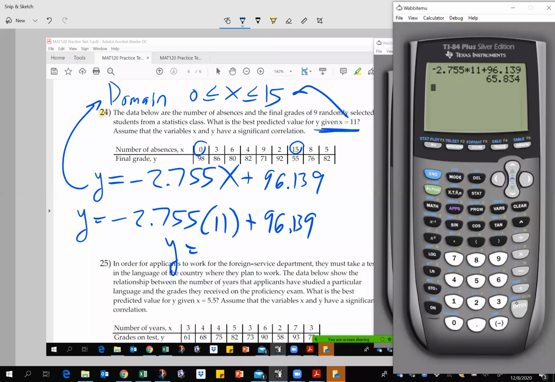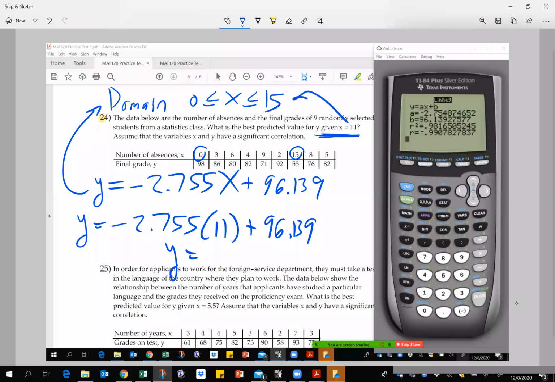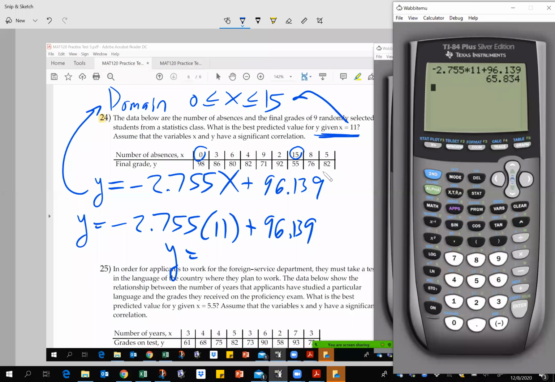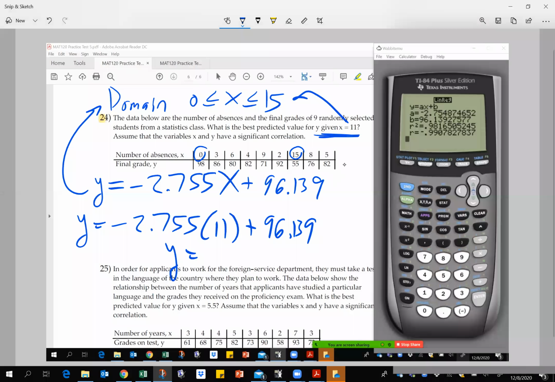When we hit enter, this would give us a y value of approximately 65.834. And of course, the r squared and r, if you wanted those two values, they're listed as well. But this problem did not ask for that.